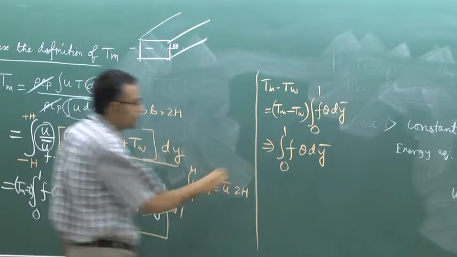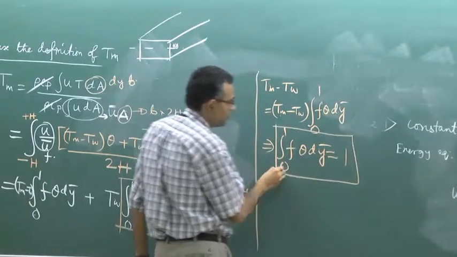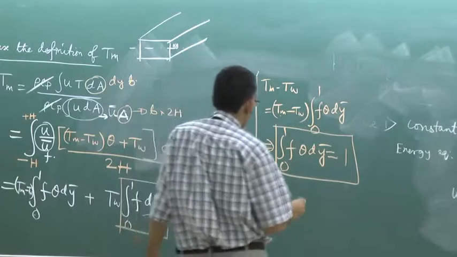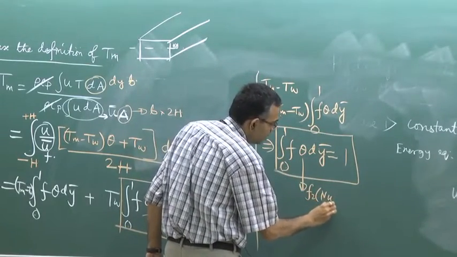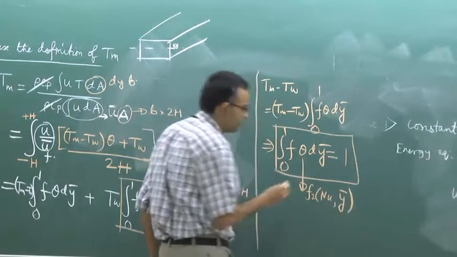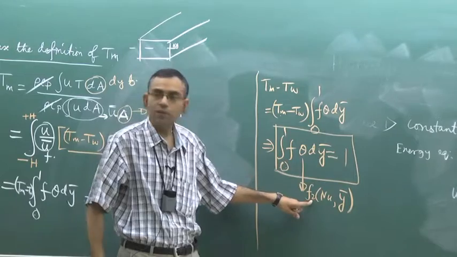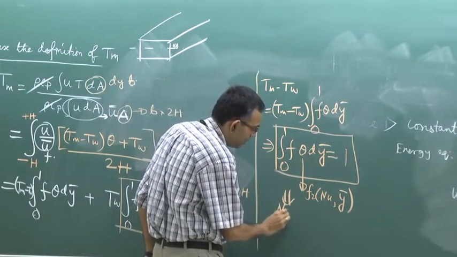This is the constraint. So theta will be, now you can write, f2 of Nusselt number and y bar. The functions f and f2 are completely known. So this will tell you what is the Nusselt number based on H.